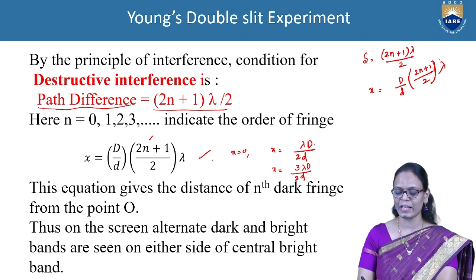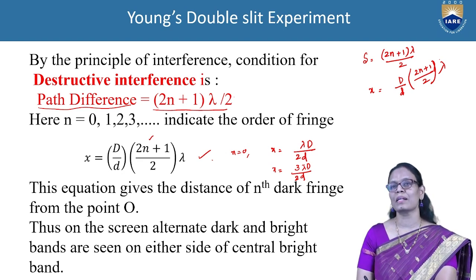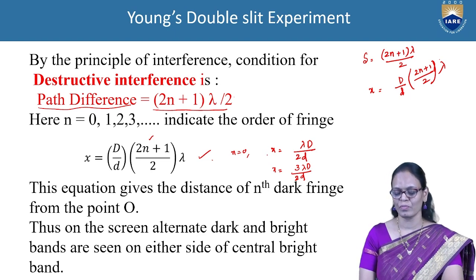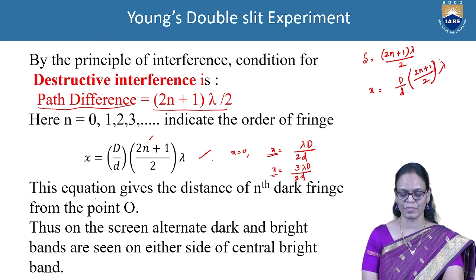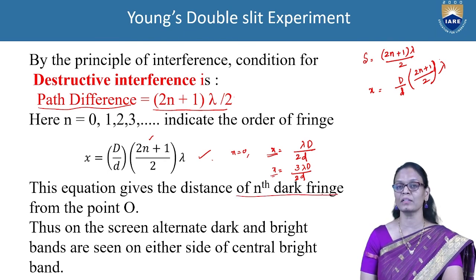So always it is odd multiples of half the wavelength. So we have X, that is the distance of the dark fringe from the central fringe. So this gives the distance of the nth dark fringe from the point O.